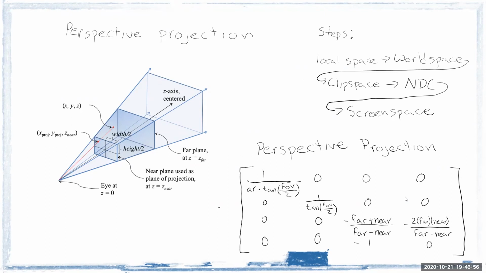It could be a lot more complicated, but there's a lot of stuff here. We need the FOV, the distance to the far plane, the distance to the near plane, and the aspect ratio of the screen. And that's about all we need. That's kind of all that goes into this.